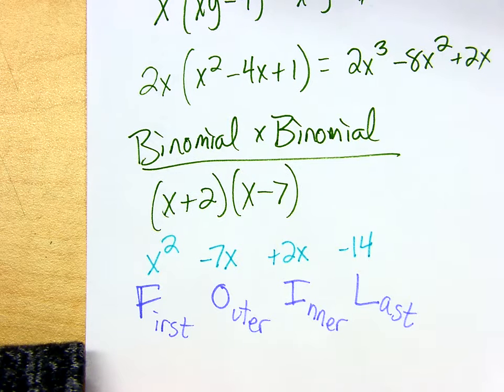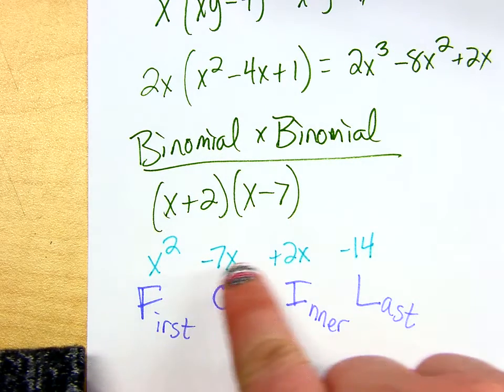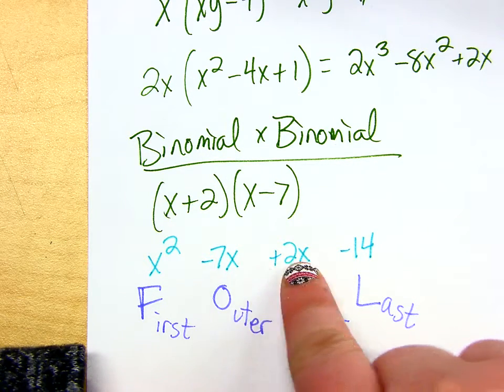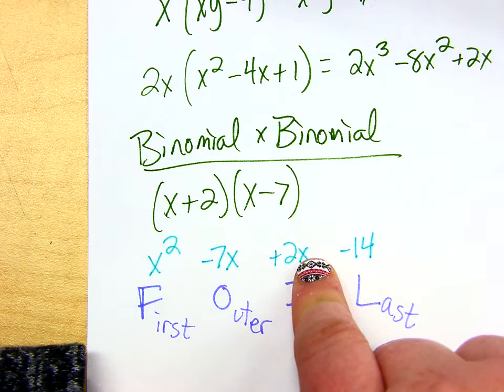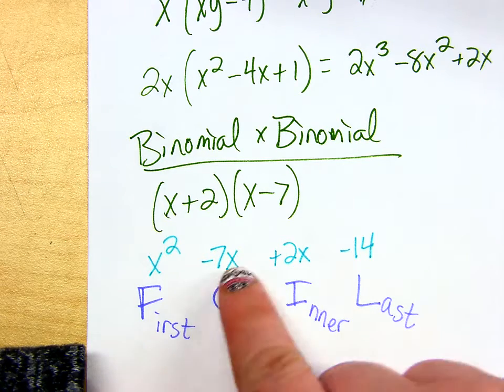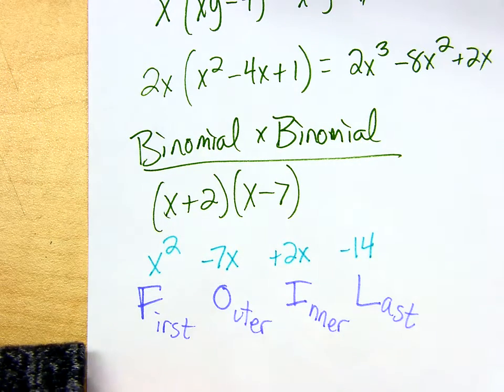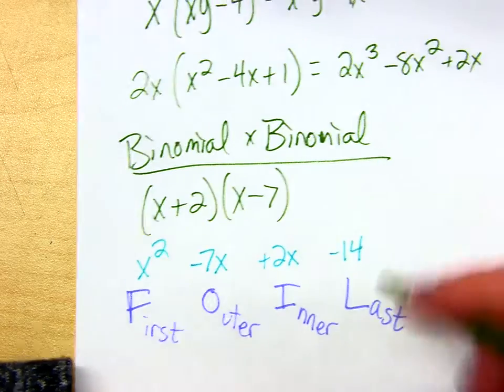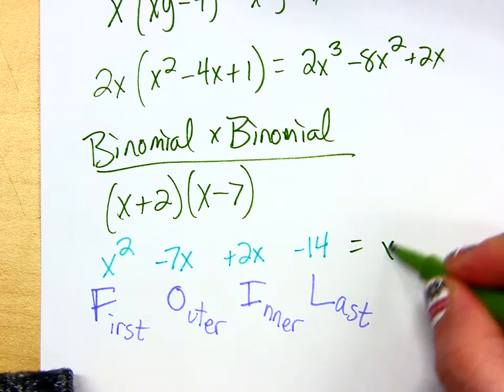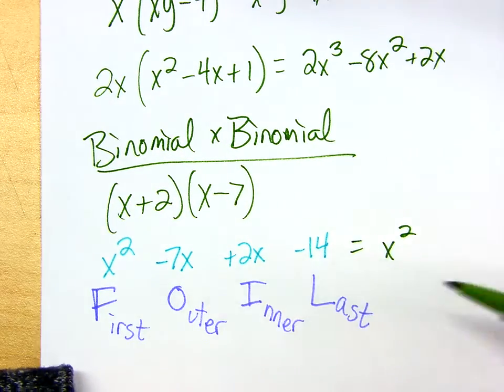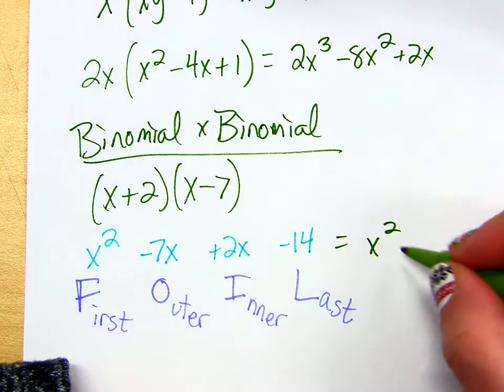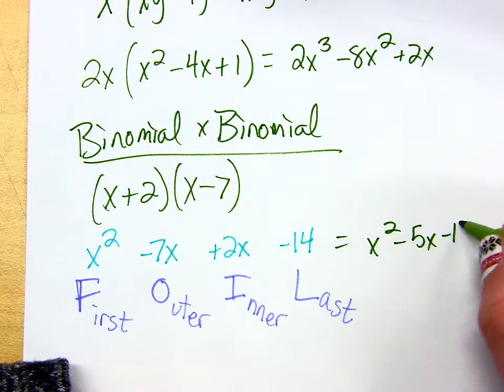Most of the time, you are going to have these middle two terms that are like terms that you're going to combine. So when I combine those two middle terms, my final answer becomes x squared, what's negative 7 plus 2? Negative 5x minus 14.